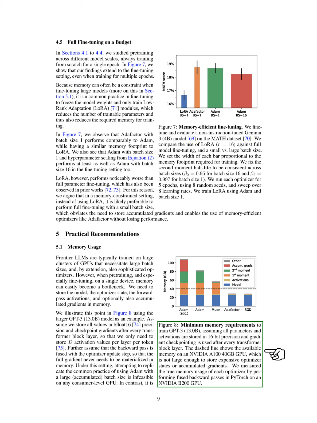Using the larger GPT-3 model as an example, we illustrate that storing all values in a specific precision and checkpointing gradients after each transformer block can make using large batch sizes with Atom impractical on consumer-level GPUs. In contrast, training with SGD, which does not maintain state, or Adafactor, which has minimal state requirements, is entirely feasible on such GPUs.